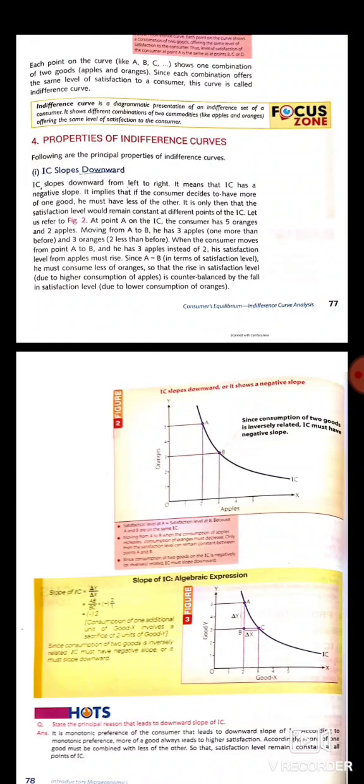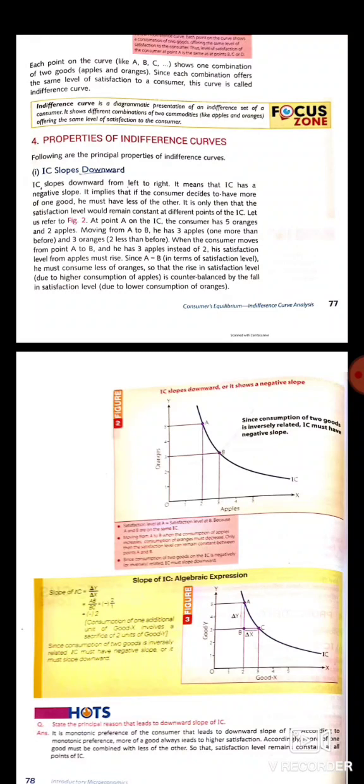From figure 2, it is clear that initially a consumer was having 5 units of oranges and 2 units of apples at point A. But if that person wants to have more units of apple, then he has to sacrifice some units of oranges.